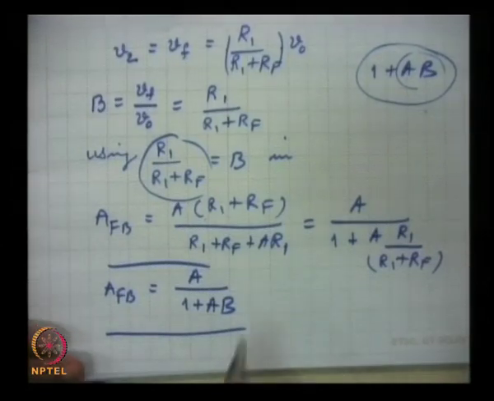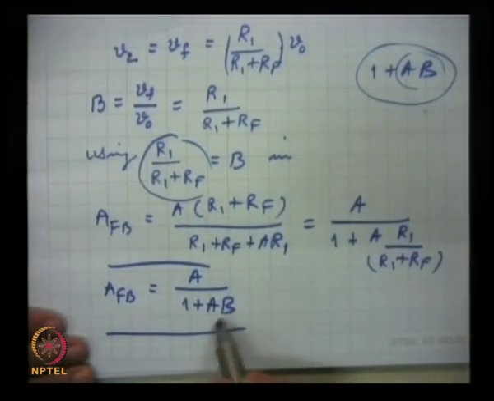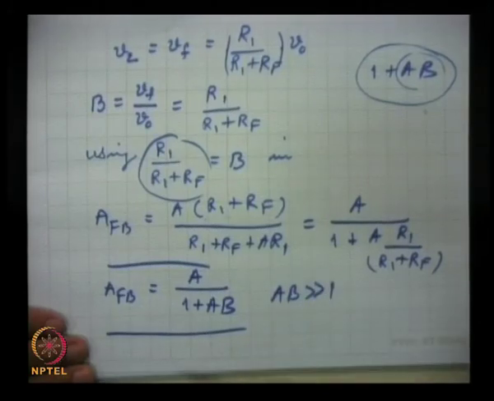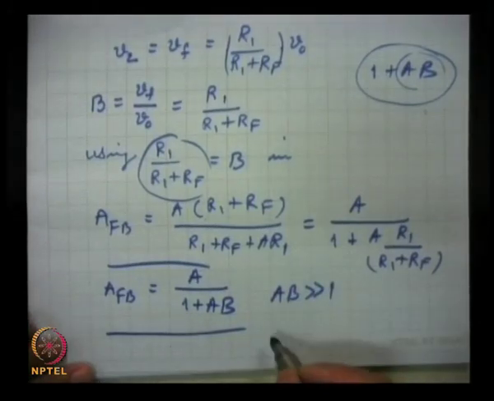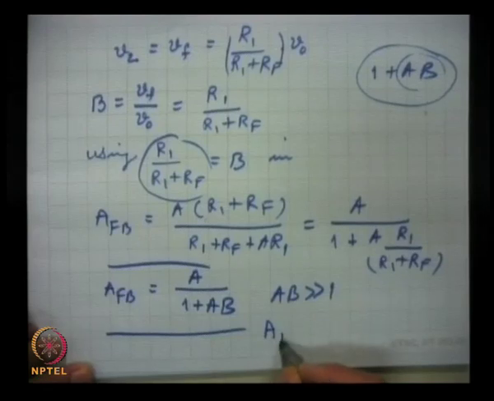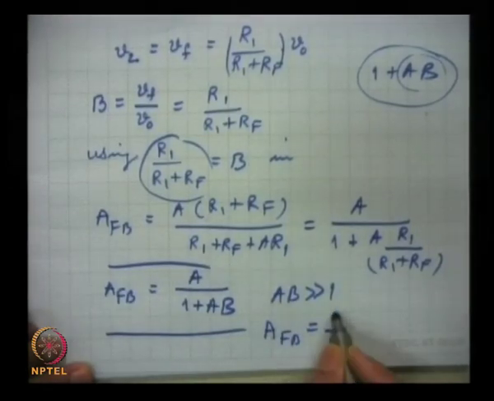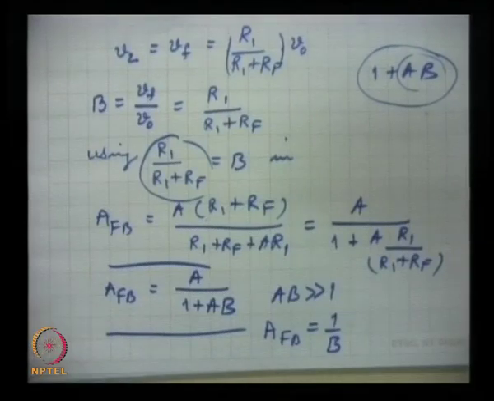And this term AB will be very large in comparison to 1, so 1 can be dropped. So the gain AFB is 1 by B, and that is highly stable.